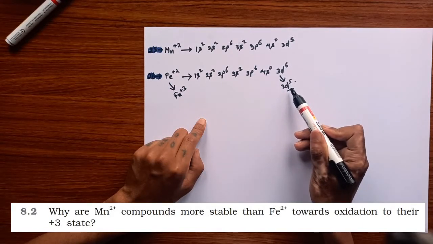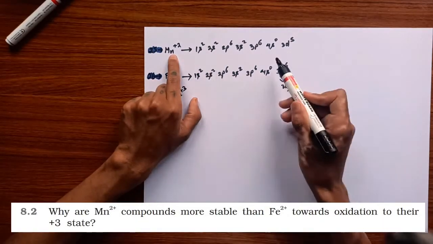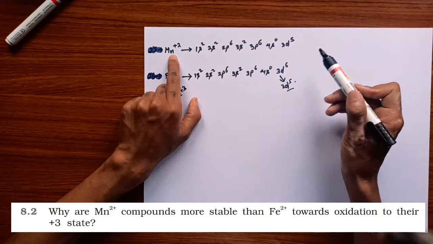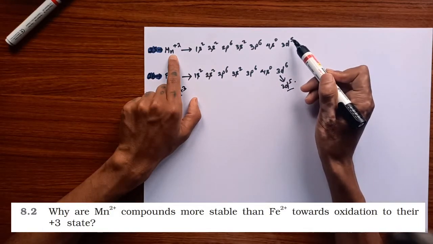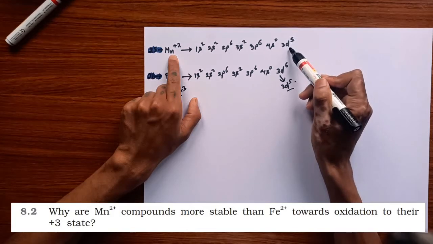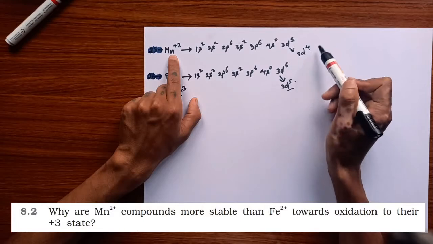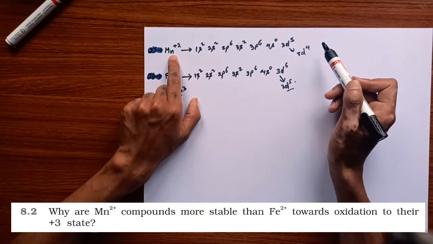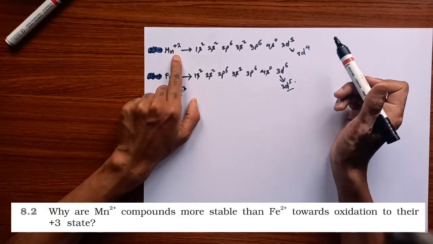That makes sense. Alright, so in the case of manganese, they don't want to go to the +3 oxidation state, because if they tend to move to the +3 oxidation state, they have to remove one of the electrons from the d orbital, which will make them 3d4, and 3d4 is not that stable. So +2, they want to be just +2 and not go anywhere else.